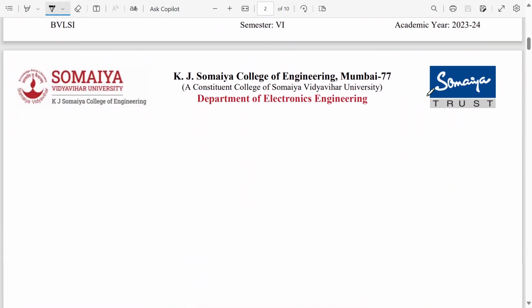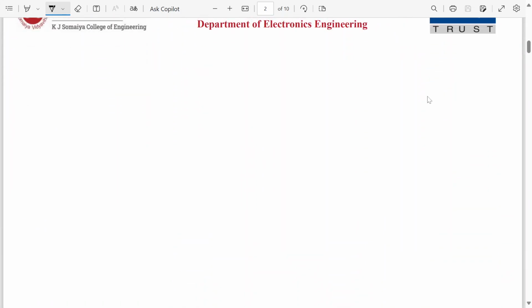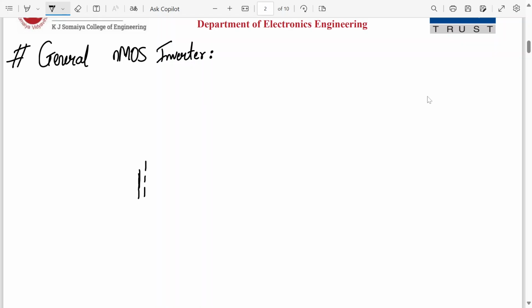We'll draw the general structure of an NMOS inverter. So write down next, general NMOS inverter. Okay. So a general NMOS inverter looks like this. We have an enhancement type MOSFET. So an enhancement type MOSFET will have a dotted symbol over here, indicating that the channel is not formed yet.